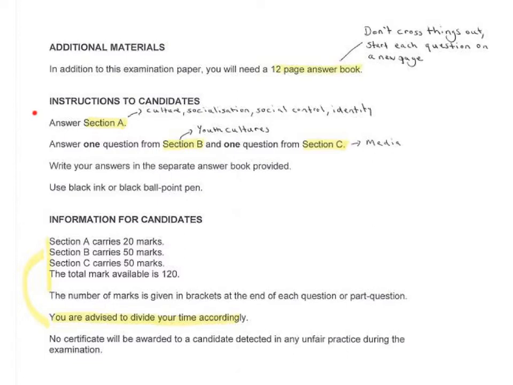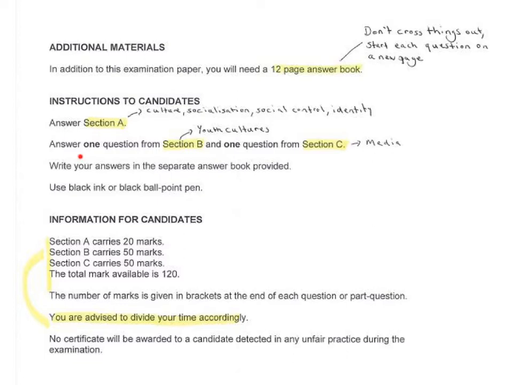Now moving down to these instructions, it says to answer section A. As we'll see in a moment, that's the section that assesses your knowledge and understanding of the concepts of culture, socialisation, social control and identity, the building blocks work that we did at the beginning of the first year.